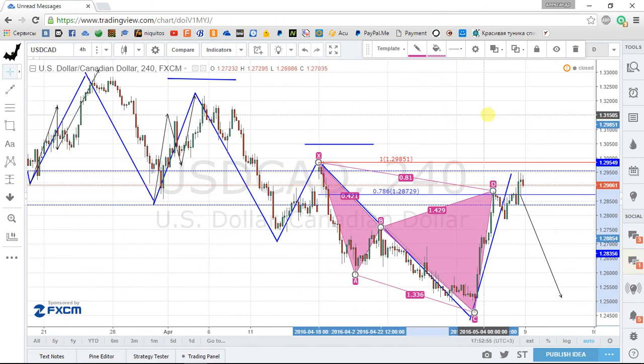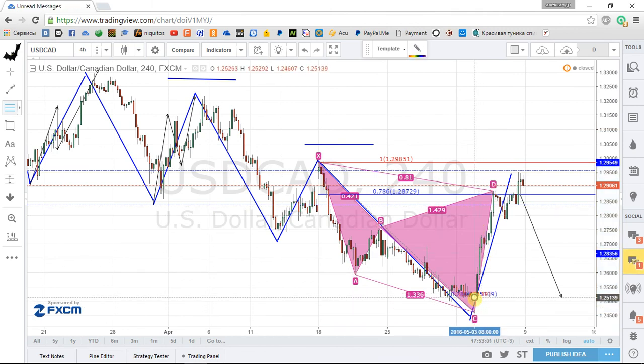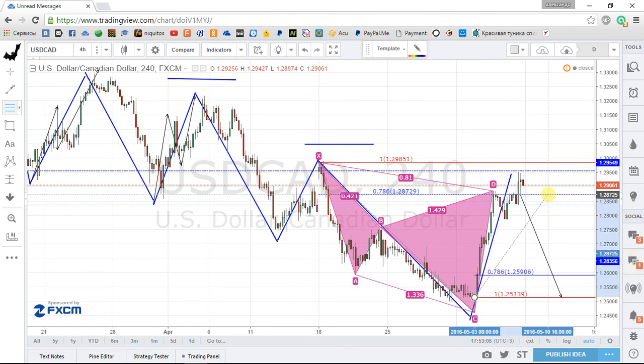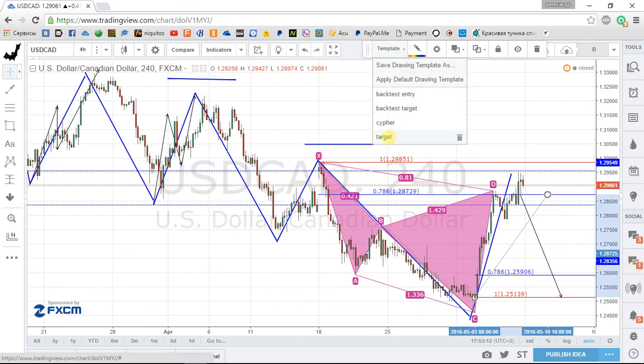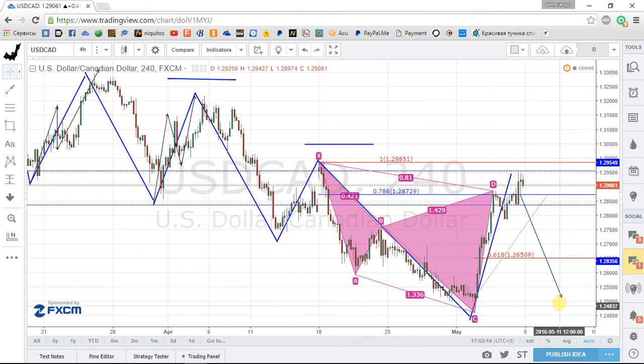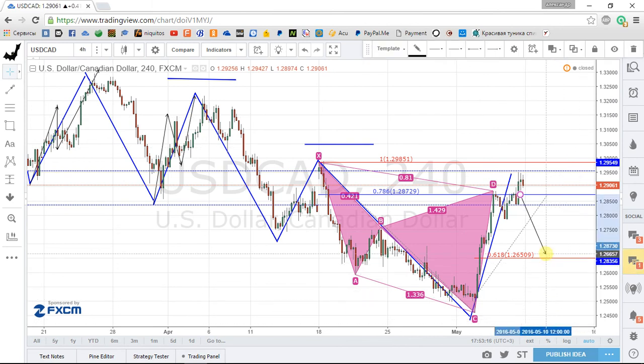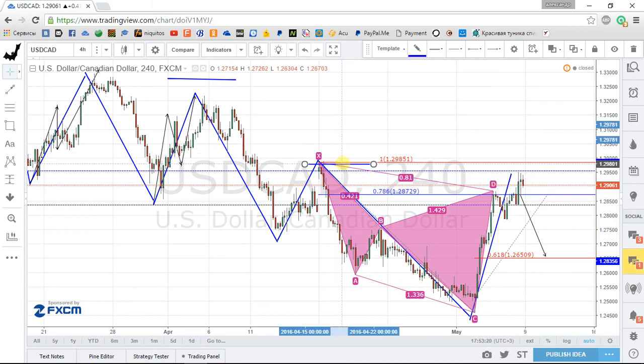What is my target? My target is very strange, but it proved its efficiency in my research. The lowest close to the entry point, and I have 618. One entry, one exit is my target and is my stop. Stop loss exactly X, not above, no 1 pip, no 10 pips, nothing.